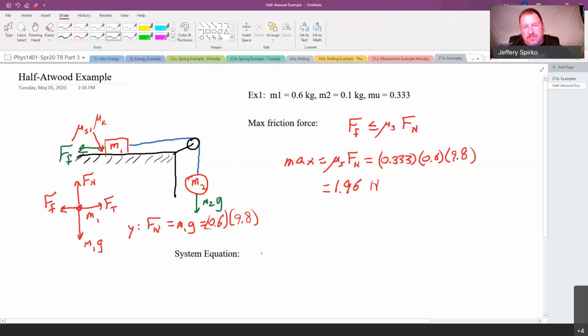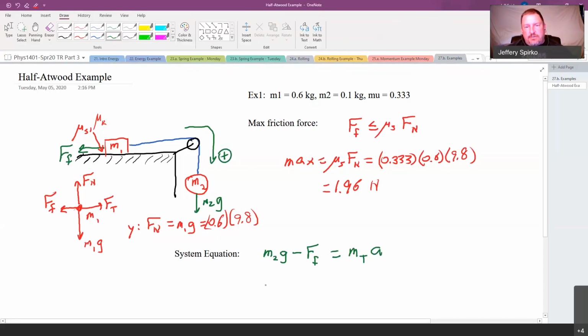So my system equation is going to be M2G minus force friction is equal to M total A. I have a force that is in the direction of motion. If this thing moves, it's going to move in the direction of M2G. I have a force that is against the direction of motion, that's negative, and then the total mass gets multiplied by the acceleration on the other side of my equation.